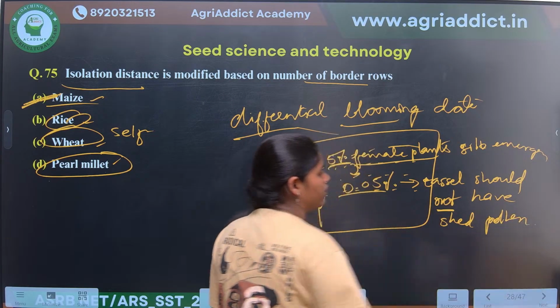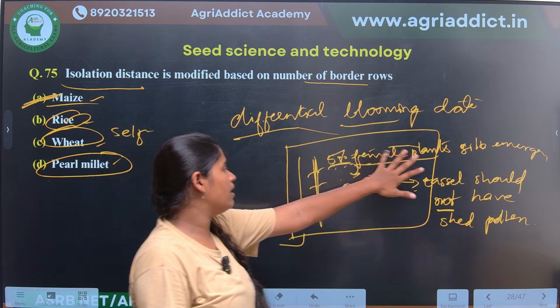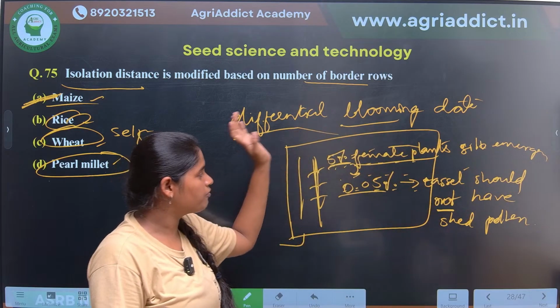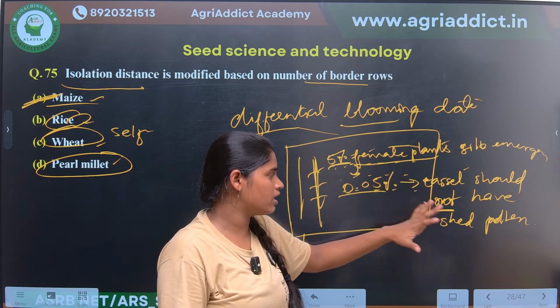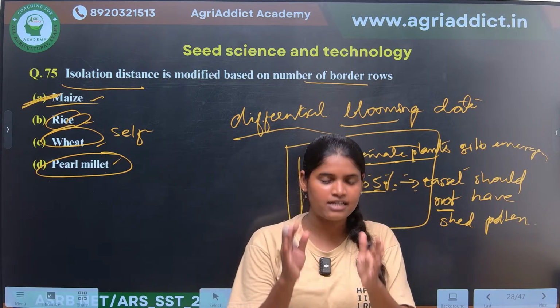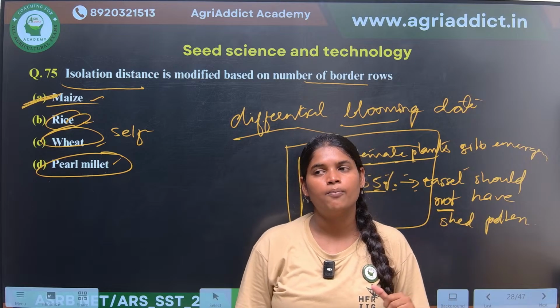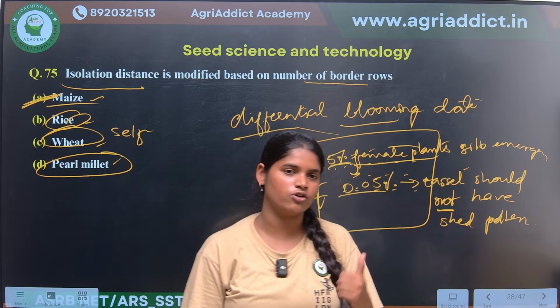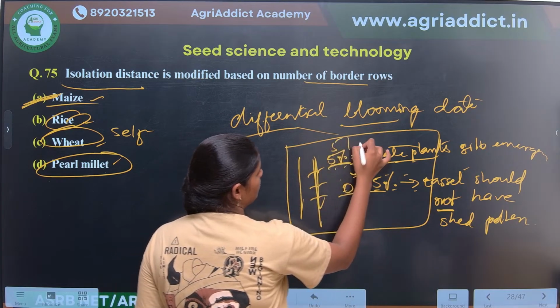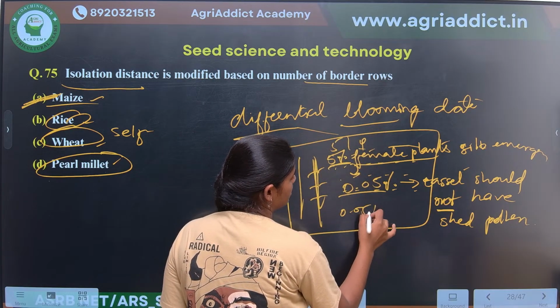In your field, if the female plants are showing 5% silk emergence and there is no 0.05% shedding pollen, in that situation we can modify the isolation distance based on the differential blooming dates. Just remember 5% in female, 0.05% in male.